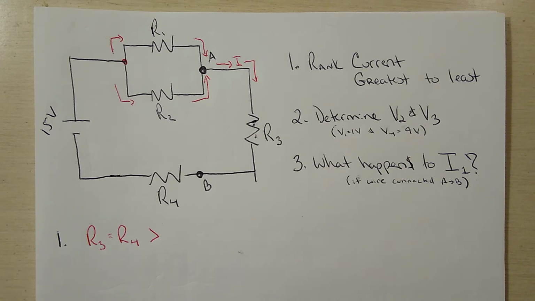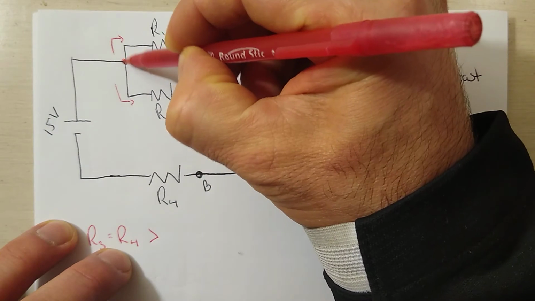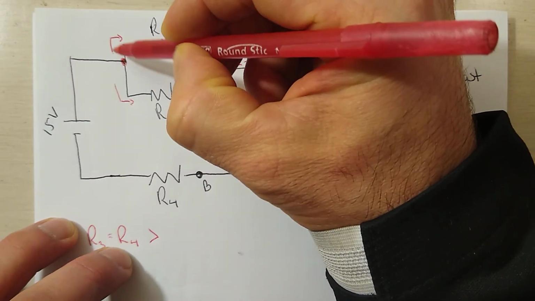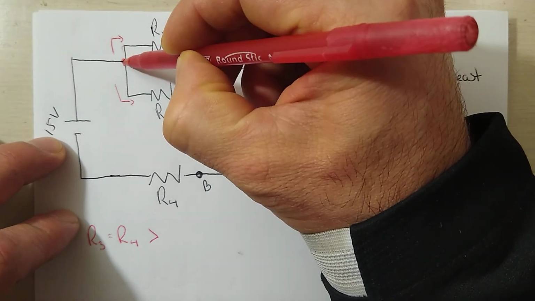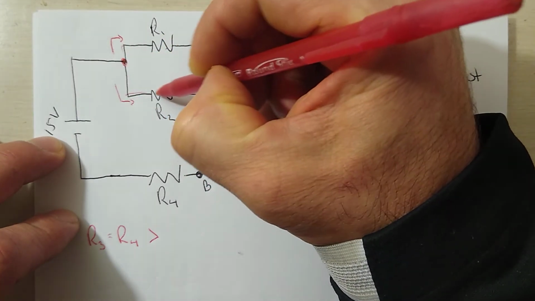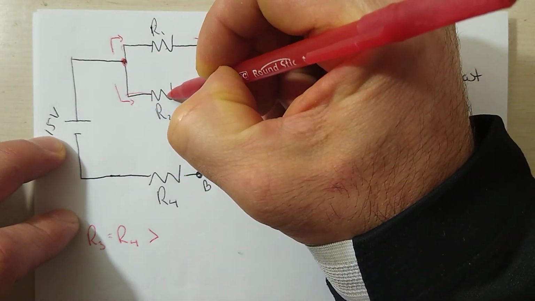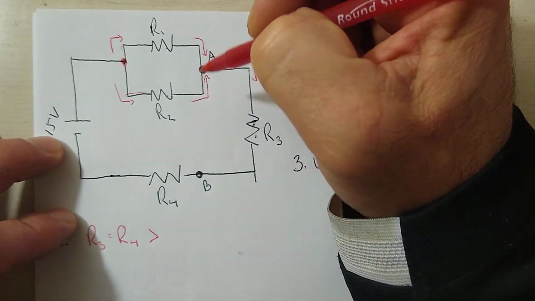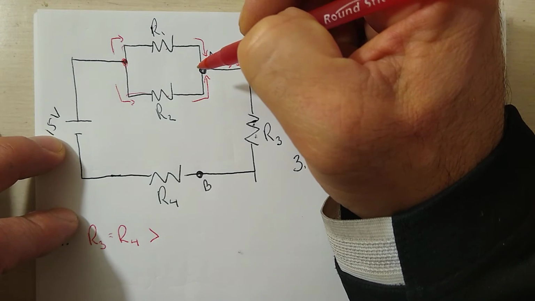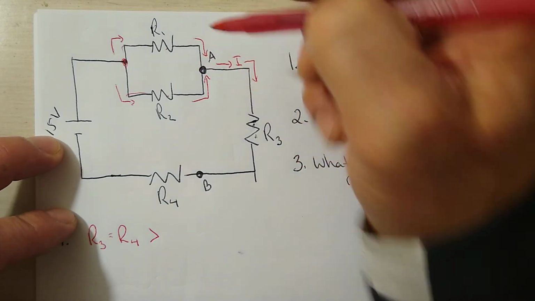And if the current going into this junction here is a certain value, more of it will go down a smaller resistance and less of it will go down to the greater resistance. And so R1 must have more current going through it because it is the smaller resistor.